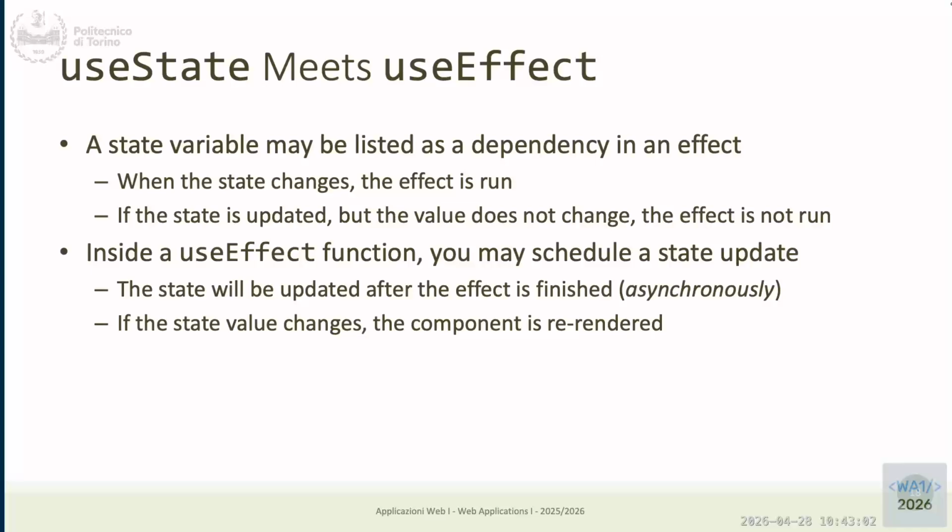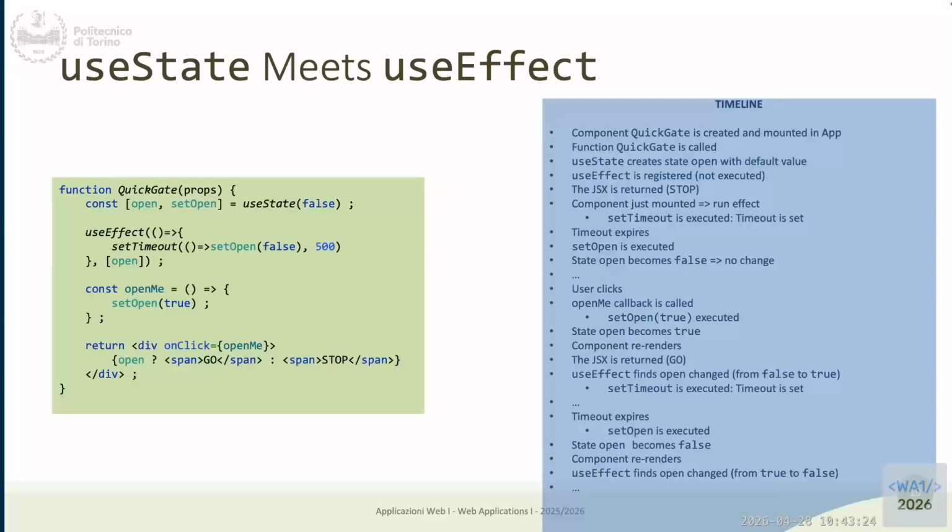And the change of the state variable itself will trigger the rendering of the component that depends on the state variable. Okay. It may also mean that the effect or some other effect that depends on that state variable will run.